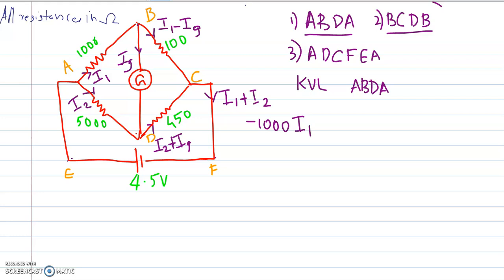Then from B to D, I am moving in the same direction as the assumed current, and therefore again it is a drop in voltage, so it is minus 500 Ig, where 500 is the resistance of the galvanometer, which I have marked in this question.